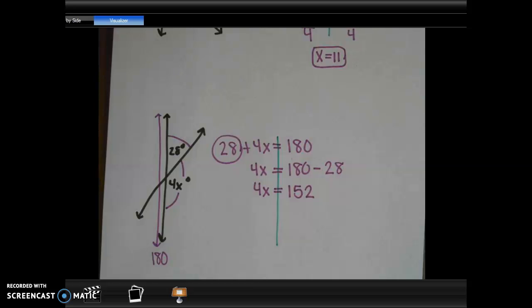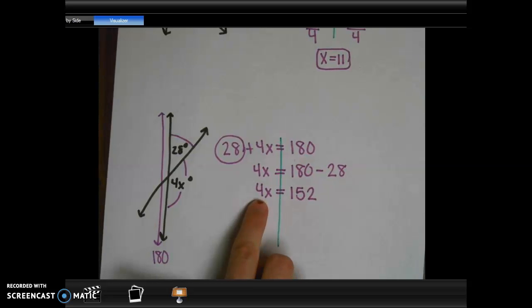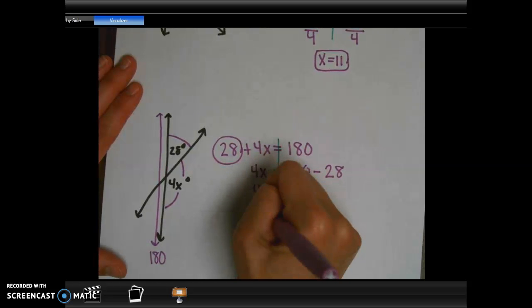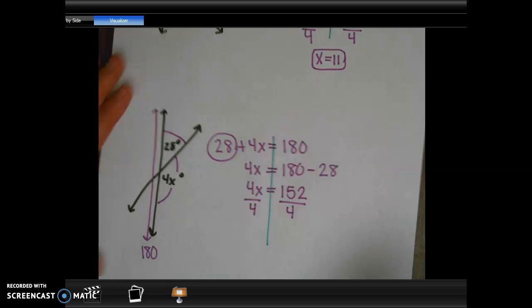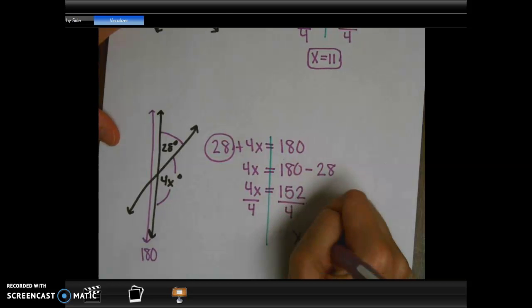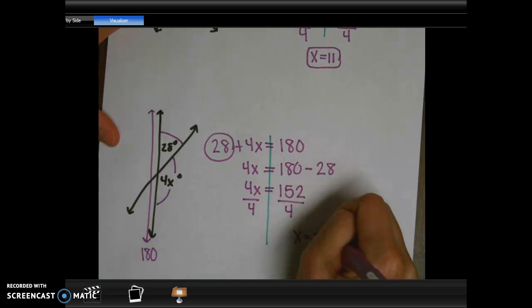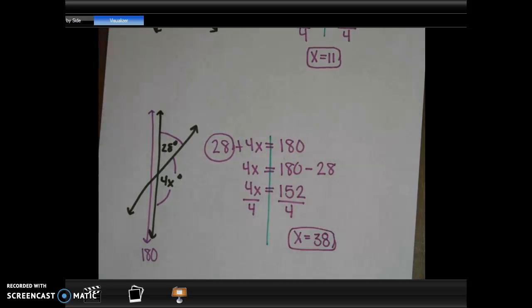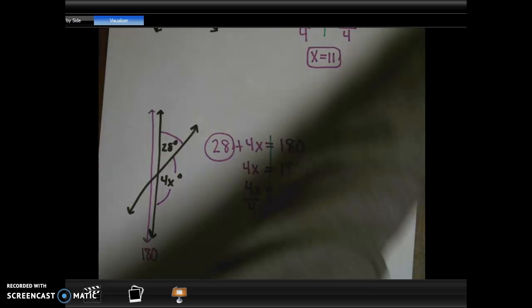And just like before, whatever's in front of our x right next to it, that's what we divide by. Whatever you do on one side, you must do on the other. And we get that x equals 38. Again, this is exactly a question on your homework. So everyone should at least get 2 questions correct on their homework.